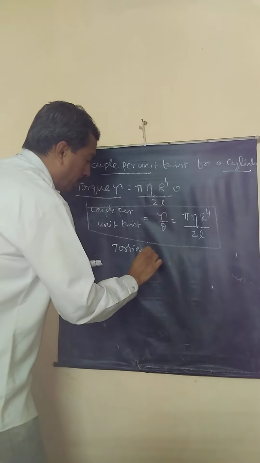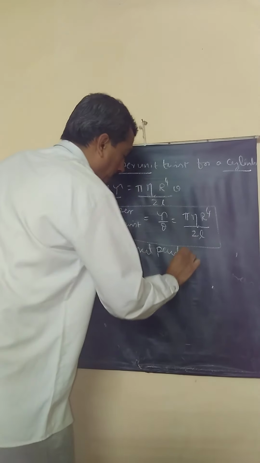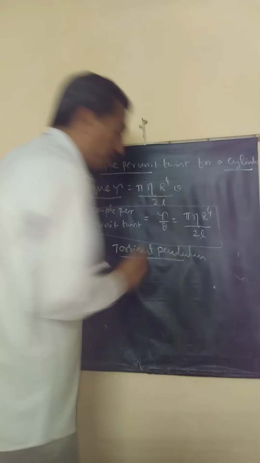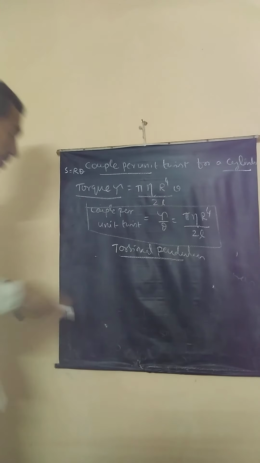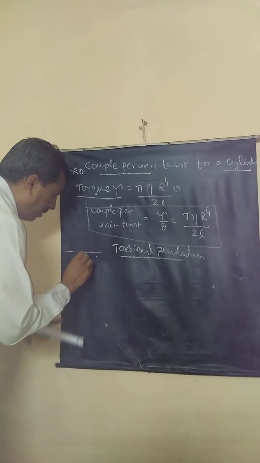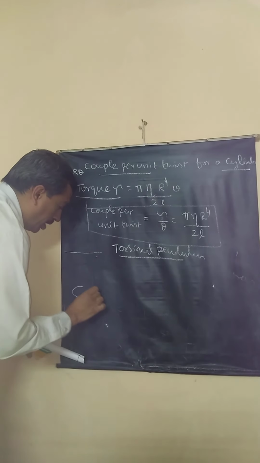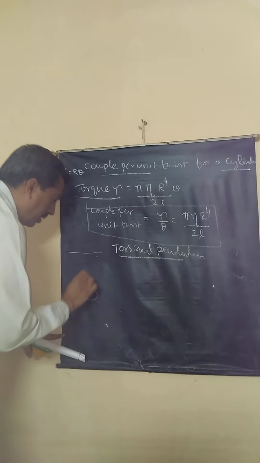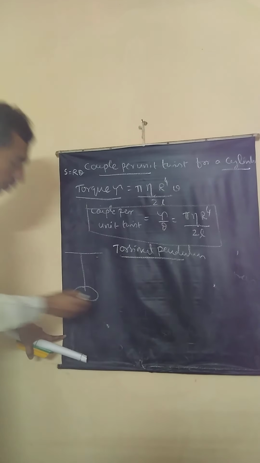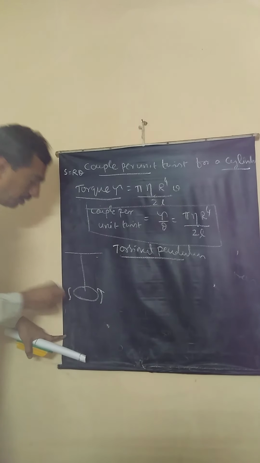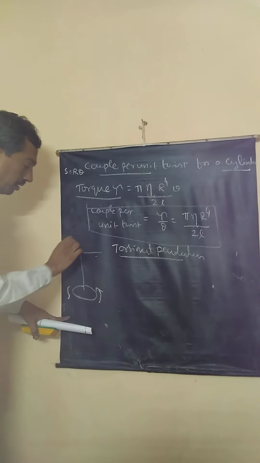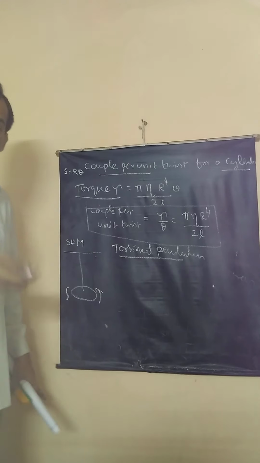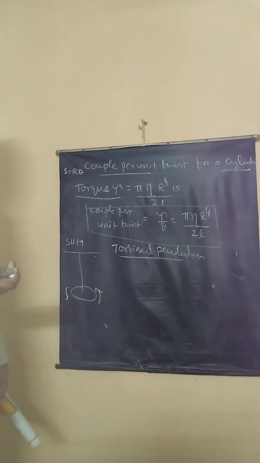In a torsional pendulum, torsional oscillations are produced. What is torsional oscillation? Imagine a circular solid plate suspended from a rigid support. When you give a couple here, it performs simple harmonic motion. Please remember, torsional oscillations are also simple harmonic oscillations.